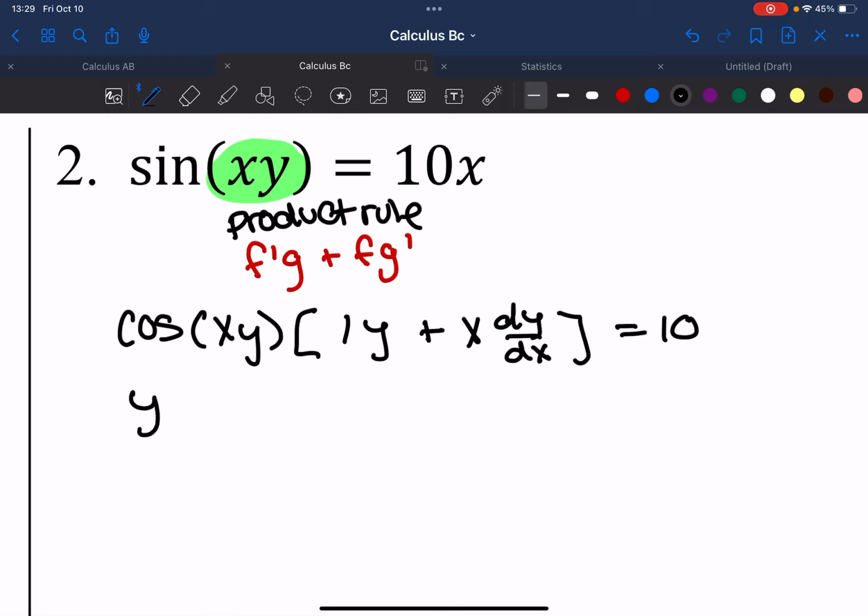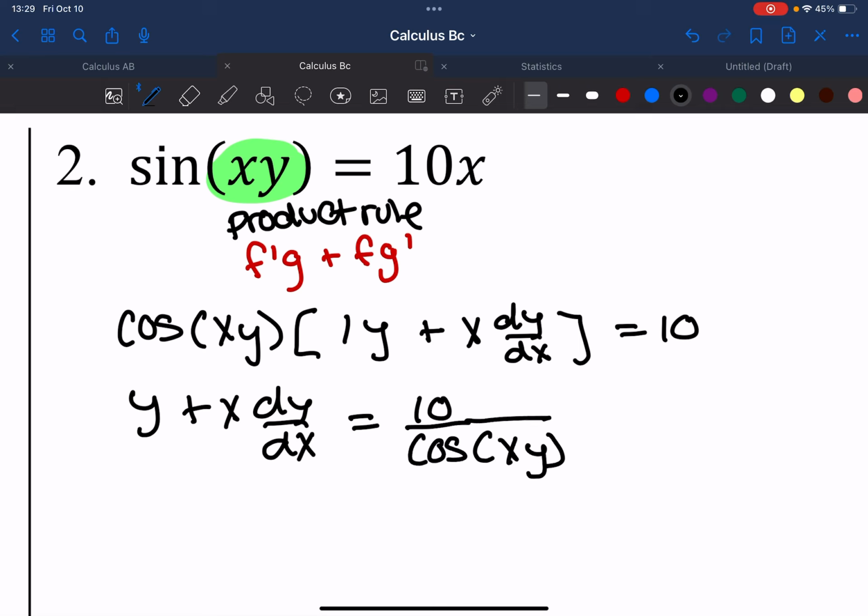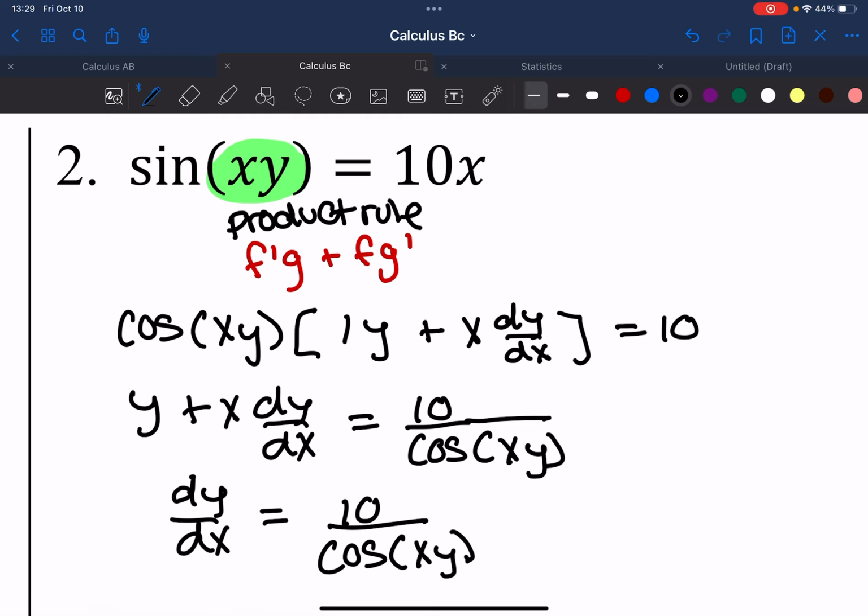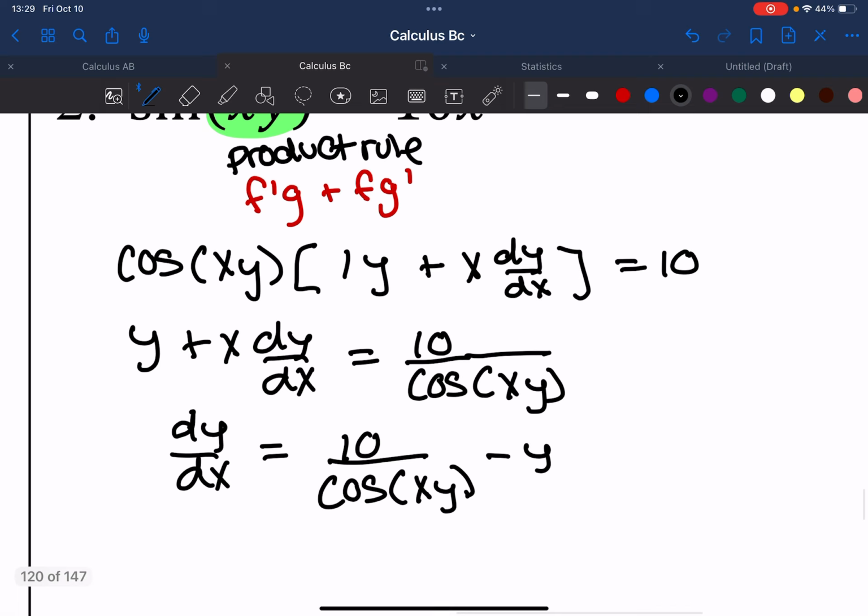So I have y plus x dy/dx is equal to 10 divided by cosine xy. I can subtract y and divide by x, so I get dy/dx is equal to 10 over cosine xy minus y divided by x. That would be my derivative.